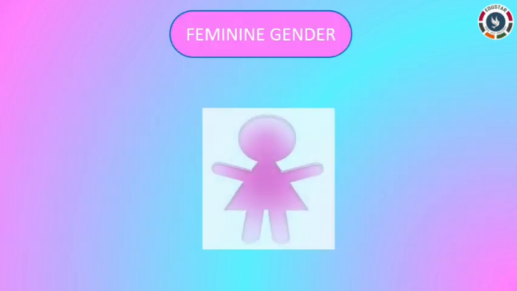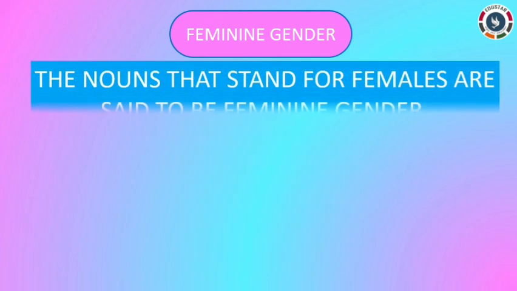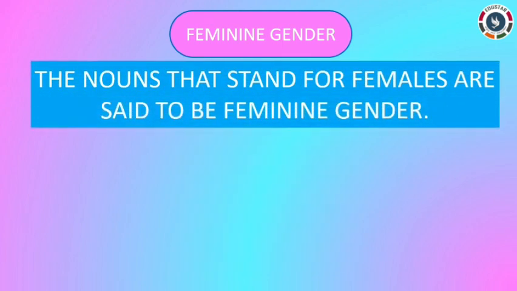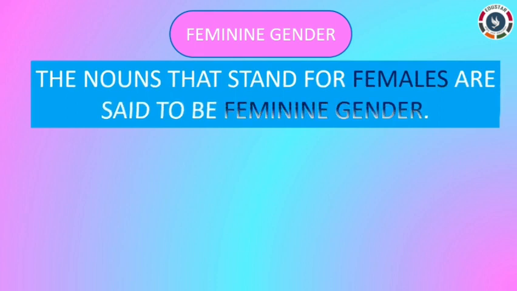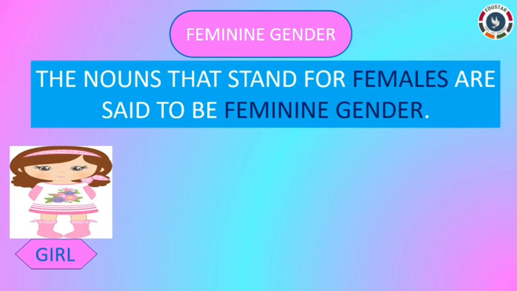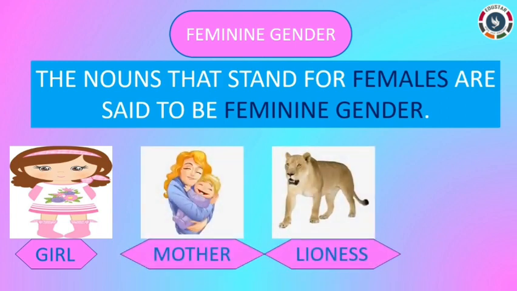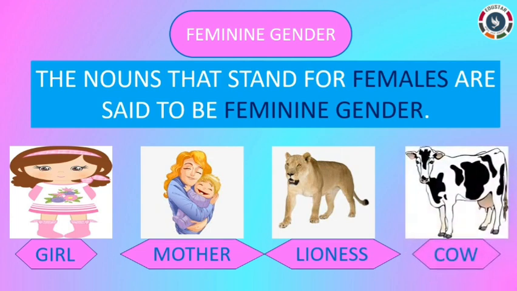Now, feminine gender. The nouns that stand for females are said to be feminine gender. That is the name of a female person or female animal. For example, girl, mother, lioness, cow.